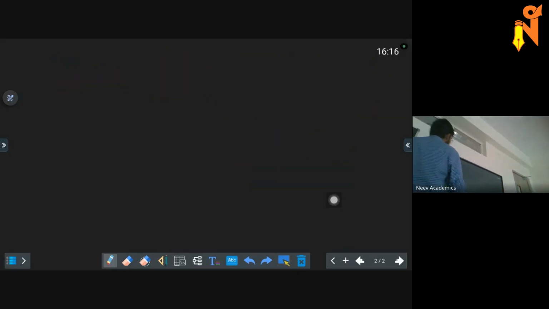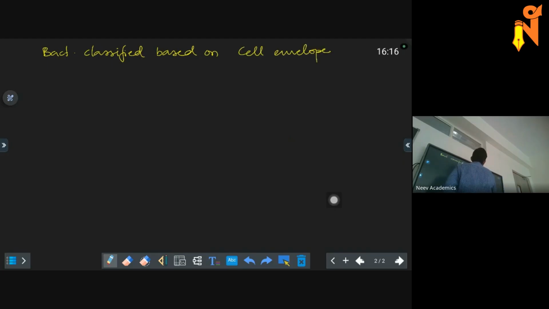Now, next point is the classification. Bacteria are classified based on cell envelope. NCERT mentions it as cell wall structure, cell envelope structure. The first group is gram-positive.